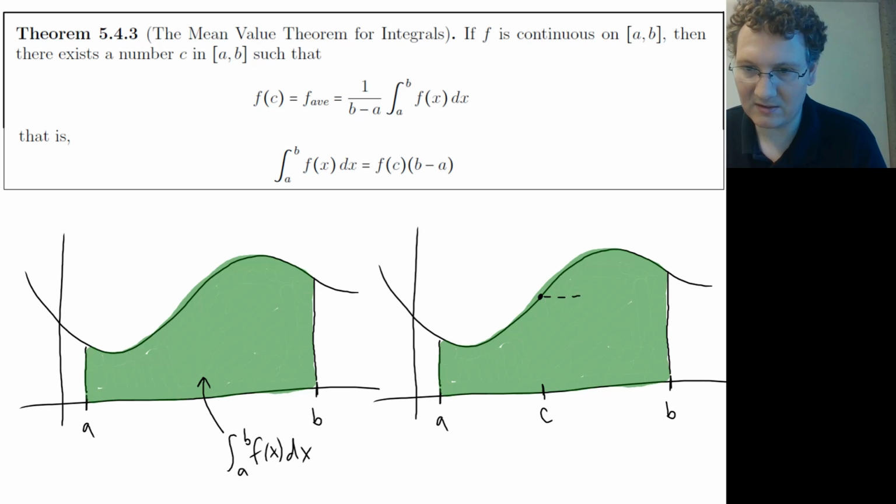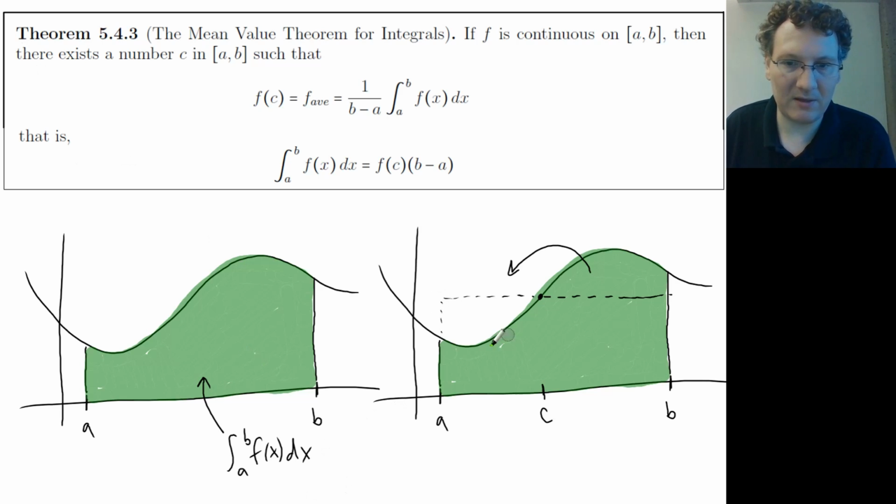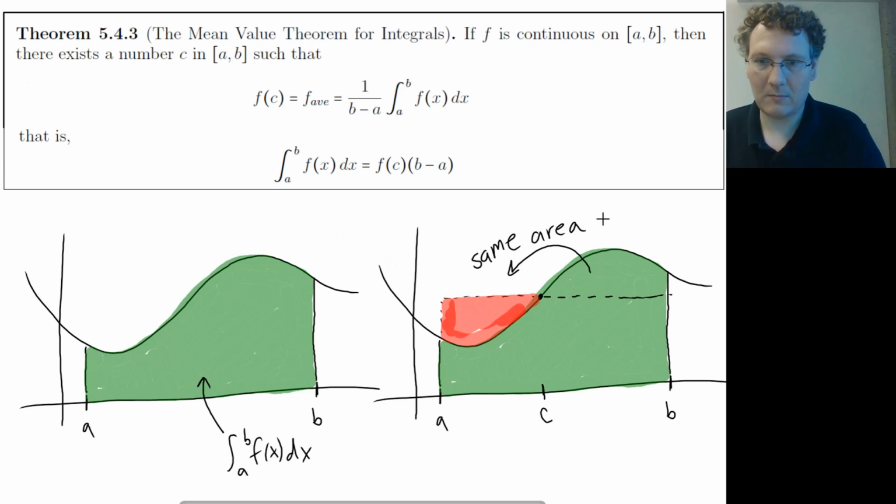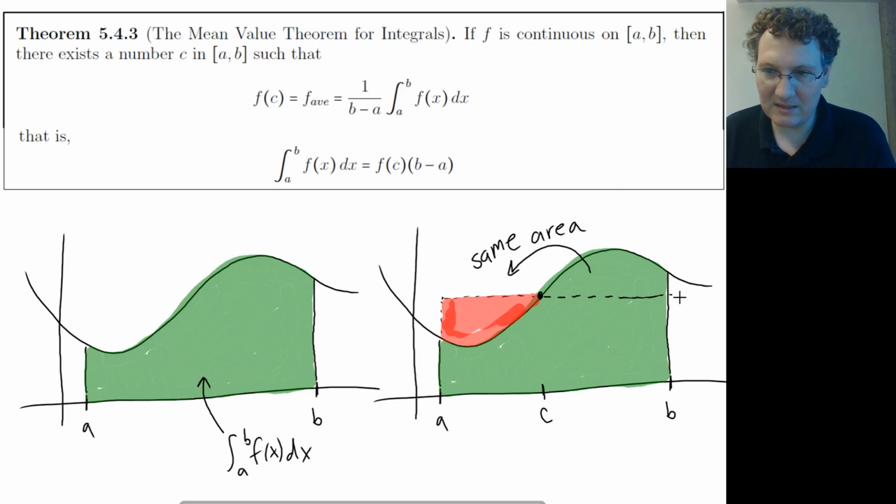If we were to cut this off at the top, take all of this area and fill it into this valley, you get this rectangle where this height here is f of c. That's the same as the average value of the function over this interval.